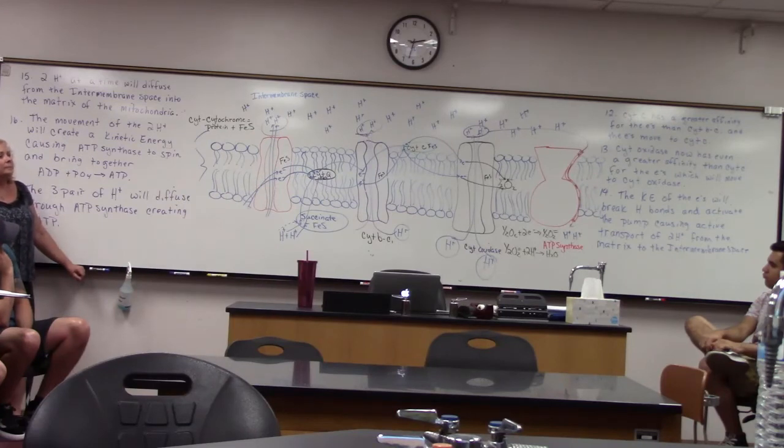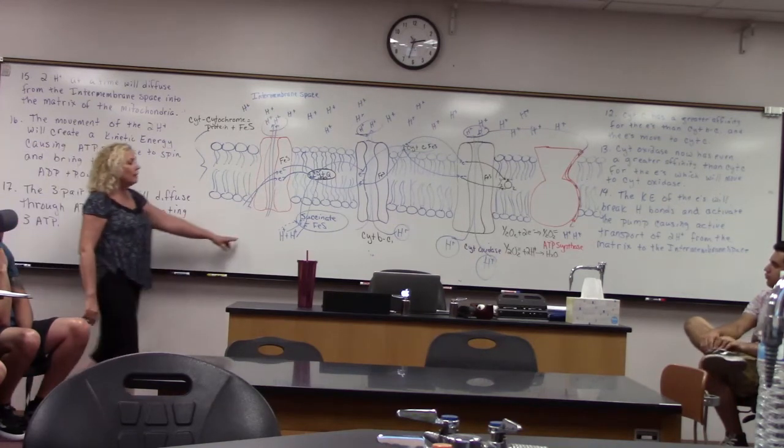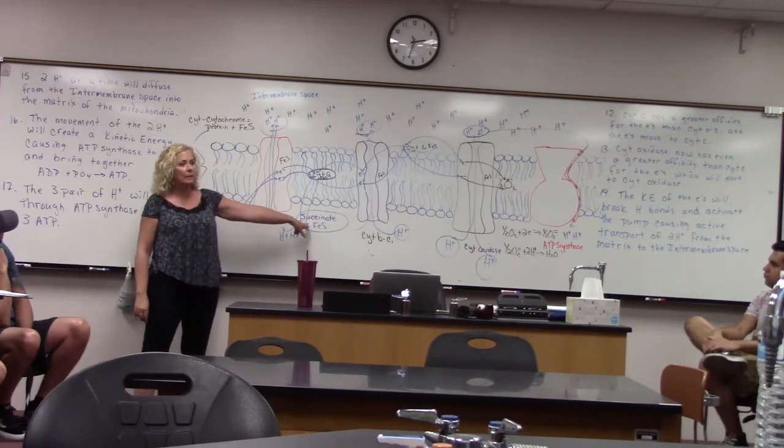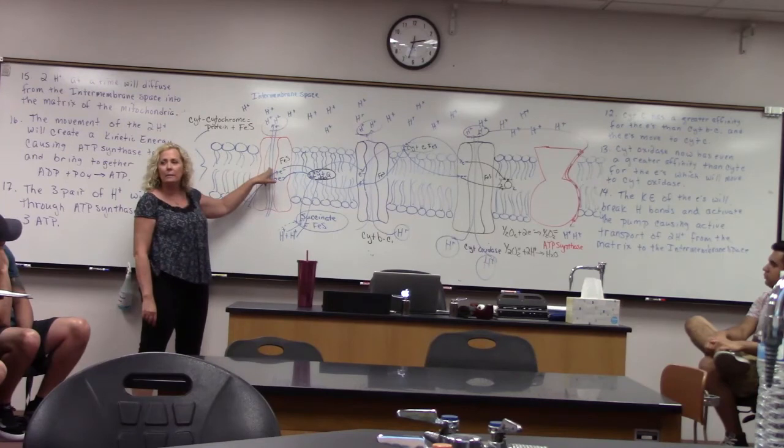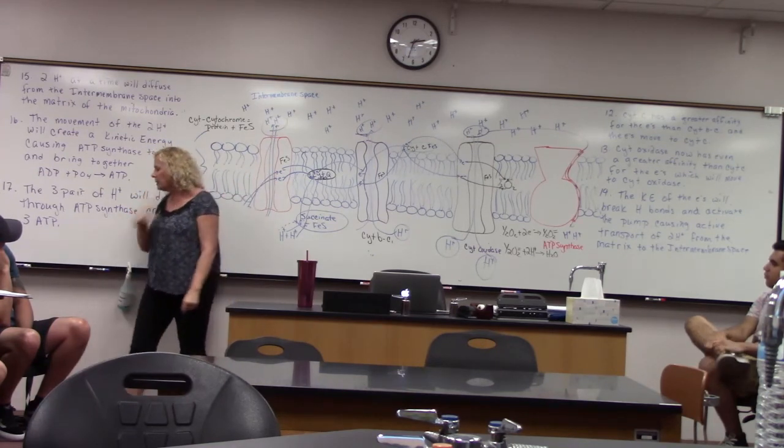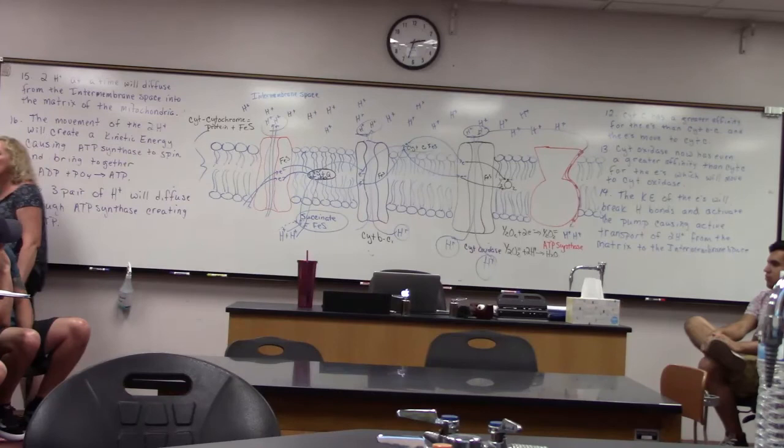So if you were to get this as an essay, what I would want you to write for the second part is just that FAD is attracted to succinate, and the electrons bypass the first protein. Only activates 2 pumps. You only make 2 ATP. You don't have to go through the whole process and every single step.